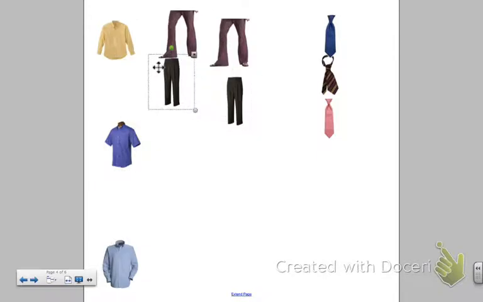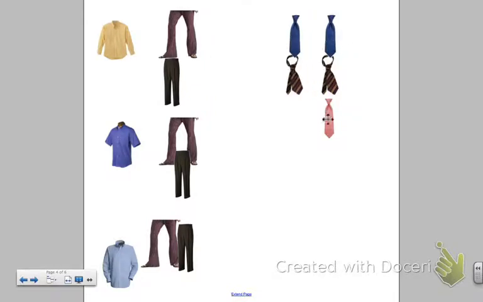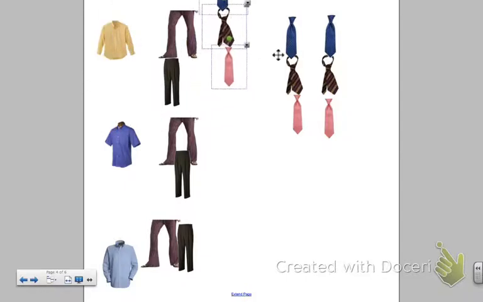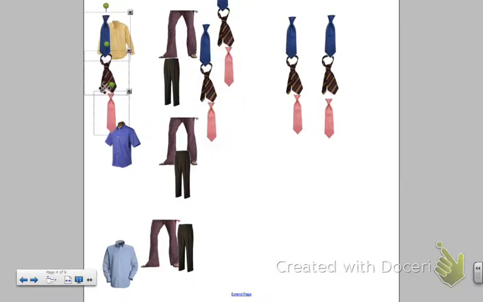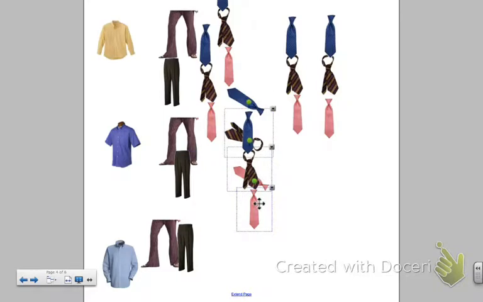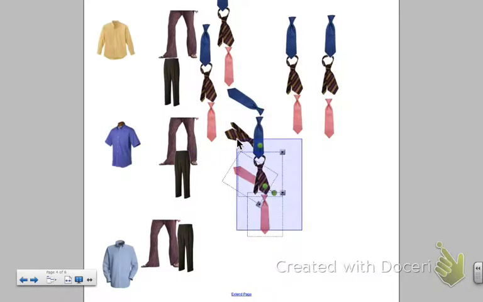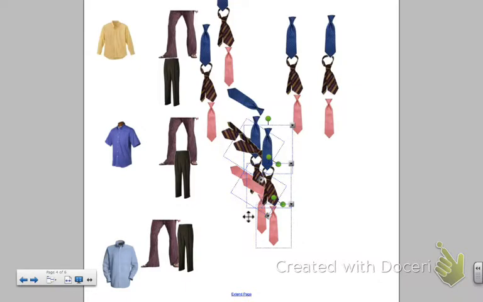So there's 3 options for the shirt, 2 options of pants for each shirt, and then for each pair of pants, there are 3 options for ties, 3 options for those pants, 3 for those, 3 for that last one, and another 3 options for each pair of pants.